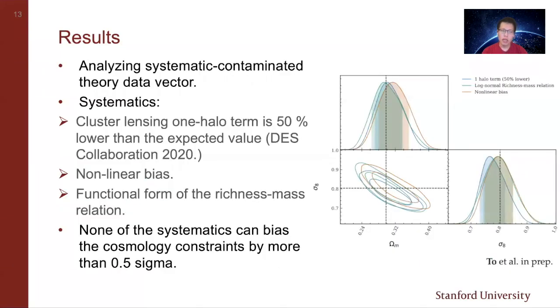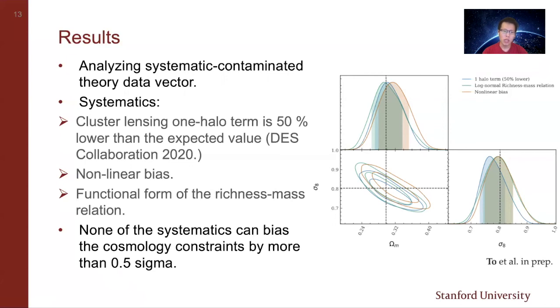Okay, so other than the end-to-end simulation analysis, we also stress test our model by using the simulated likelihood analysis. In the simulated likelihood analysis, we analyze systematics-contaminated theory data vectors. We consider 3 systematics.